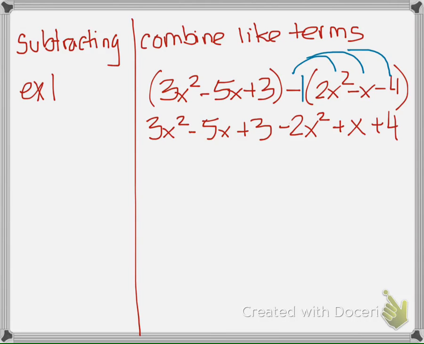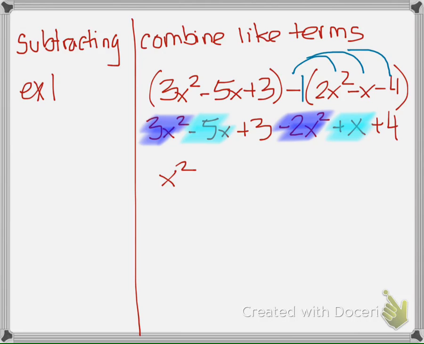So let's go and see what that looks like here. We have our 3x squared and our negative 2x squared. We combine those. This is using the horizontal method. That gives you just a single x squared. Moving along, I have negative 5x and a positive x.